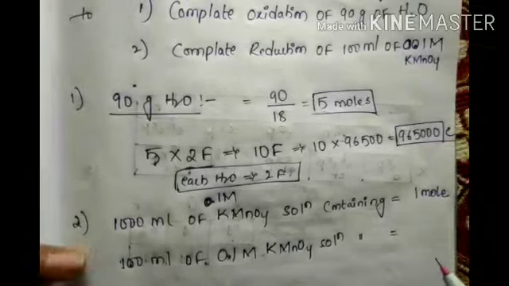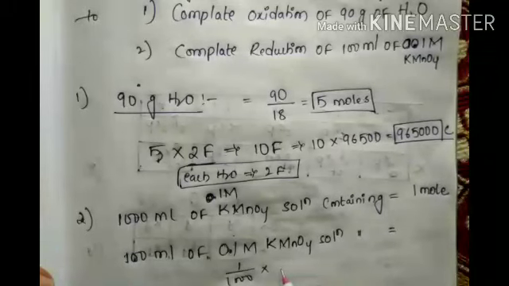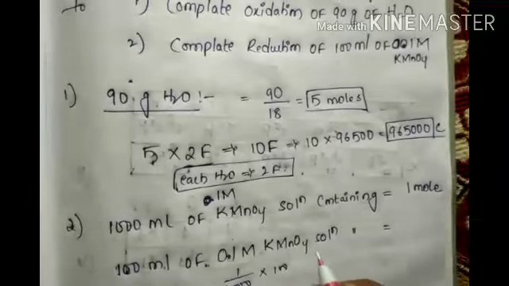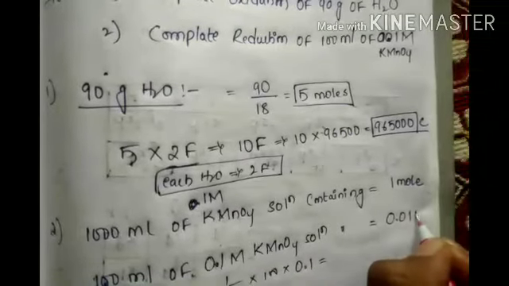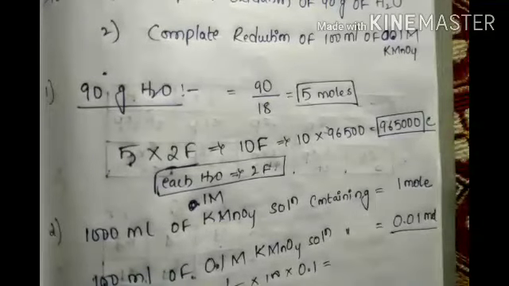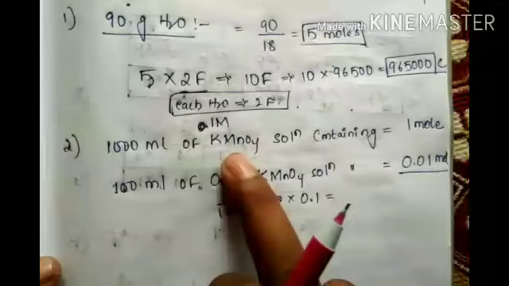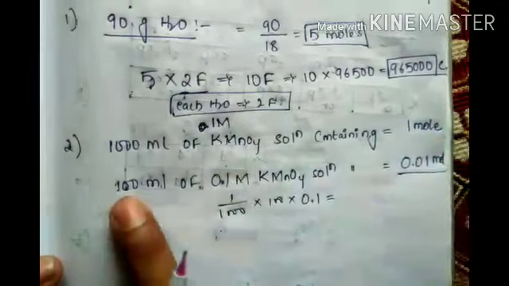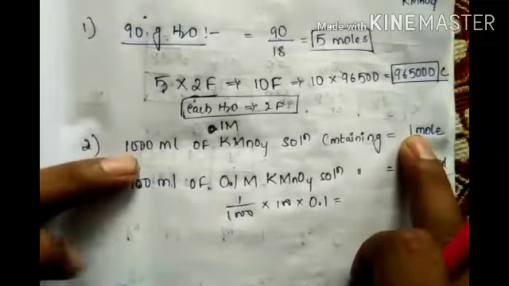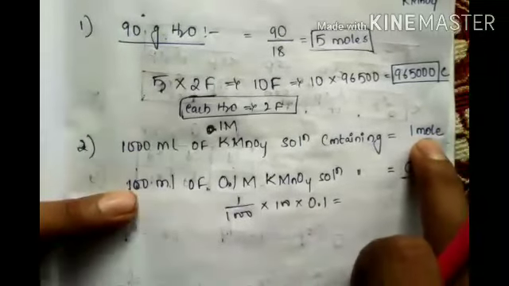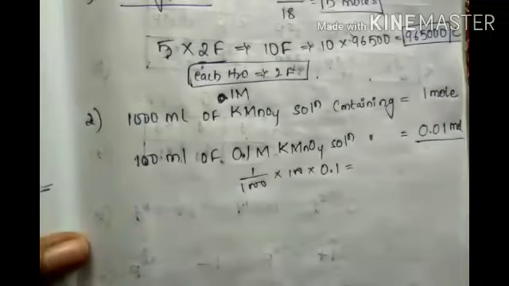It is 1 by 1000 into 100 into 0.1, equal to 0.01 mole. Got it? Understood? 1000 ml of 1 molar solution contains 1 mole, so 100 ml of 0.1 molar contains 0.01 mole.